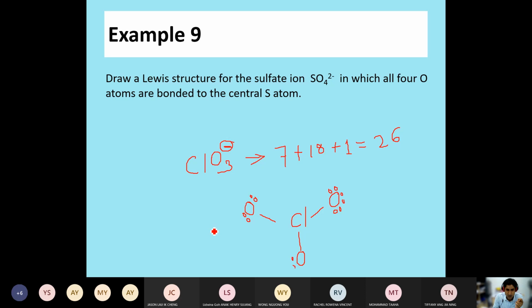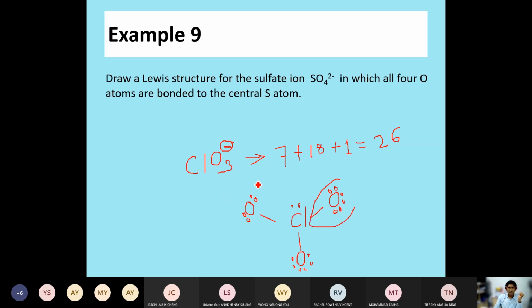All the oxygens, we fill up the octet. So by this, how many electrons are there actually? 2, 4, 6, 8, 24, and then we can make these 2 electrons on the chlorine, and that makes 26 electrons altogether.